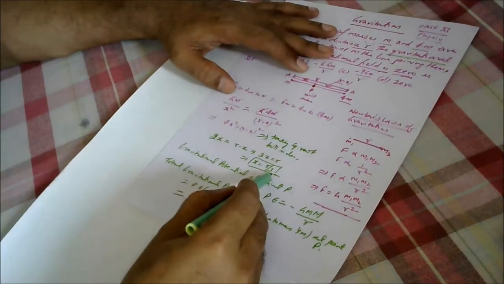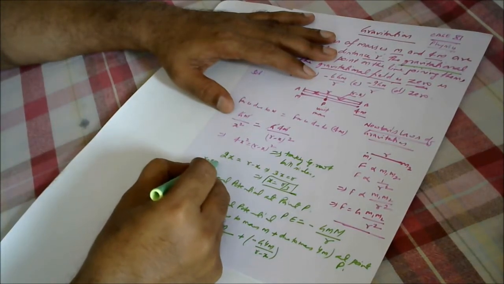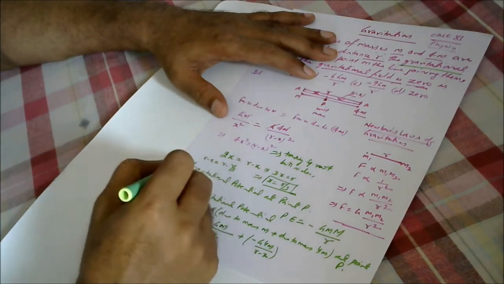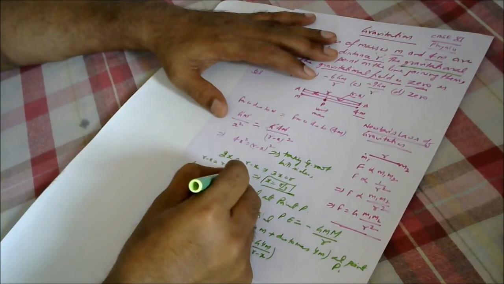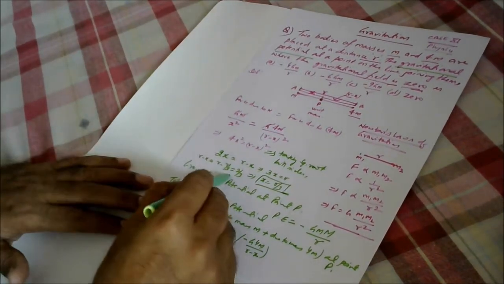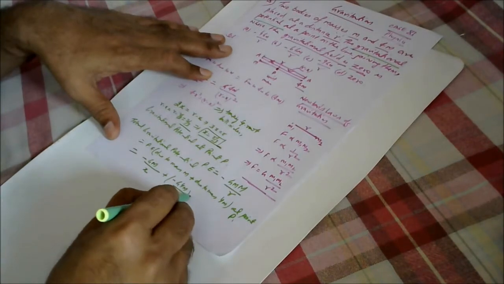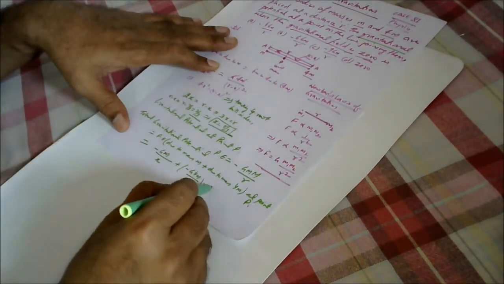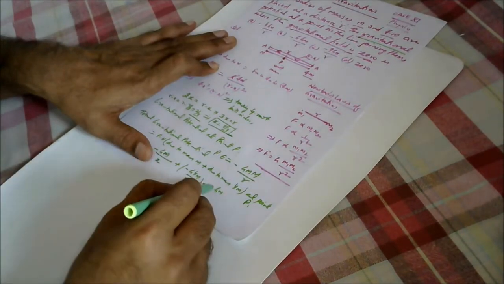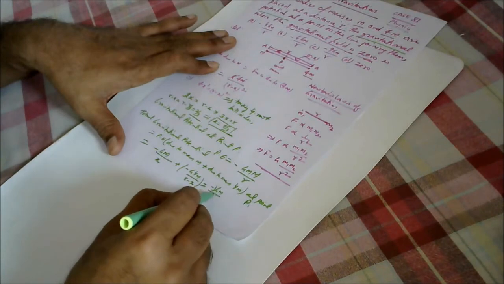So we got x equal to r by 3, so r minus x will be r minus r by 3, which is 2r by 3. Further we write minus G m, and here x equals r by 3, so this 3 will get multiplied, giving minus 3Gm by r.